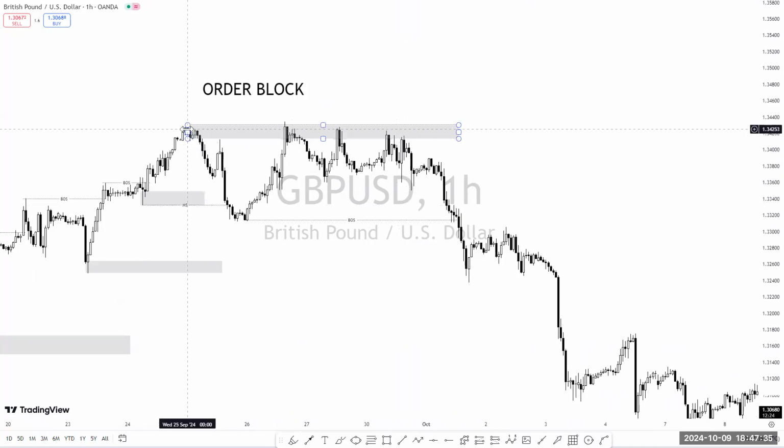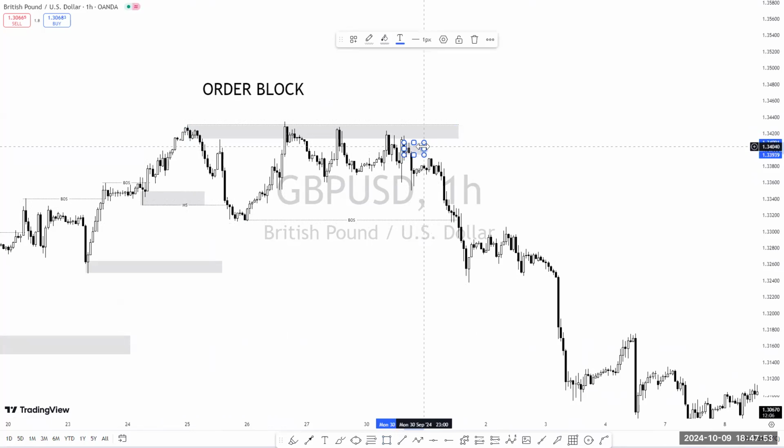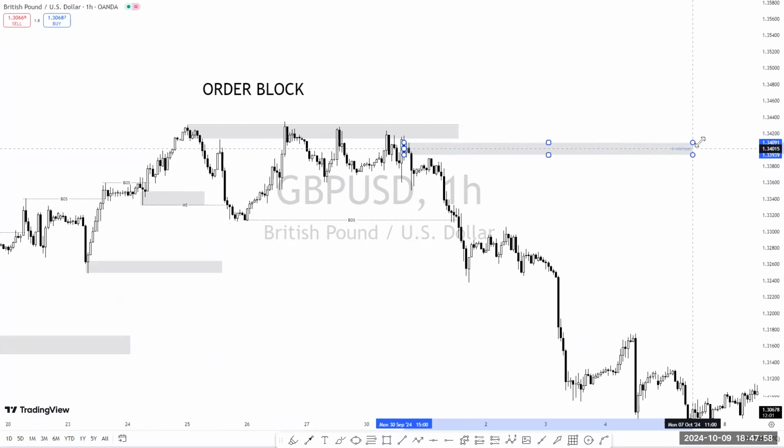Sorry, this is the high and this is the low. This is the lower high and this is our new lower low. Now, this is the order block that led to the break of structure. This small candle you are seeing here. The last sell candle, sorry, the last buy candle that led to the break of structure, is correct.